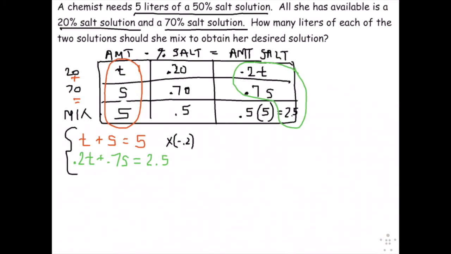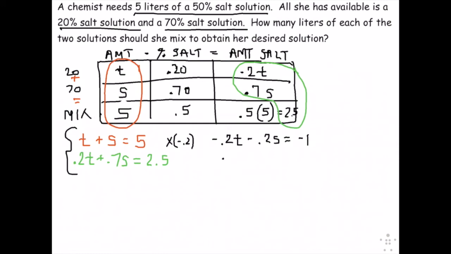So I have negative 0.2 t minus 0.2 s equals 5 times negative 0.2, which is negative 1.